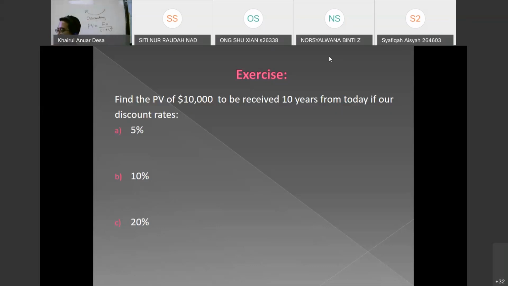Okay, cuba buat soalan tersebut. Okay, the first one, 5%.